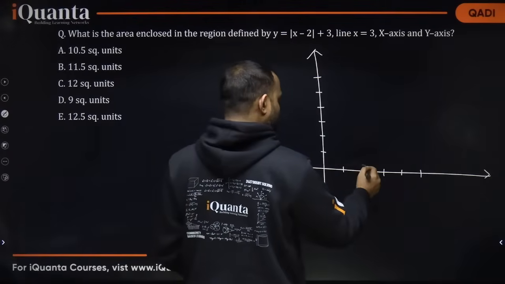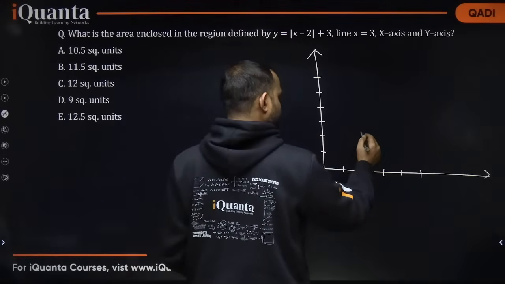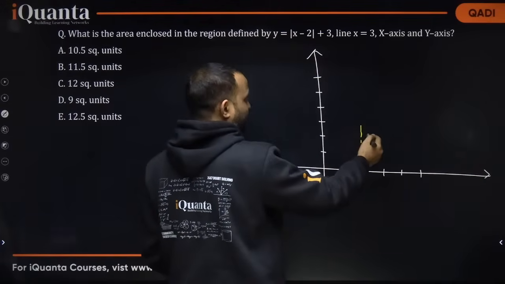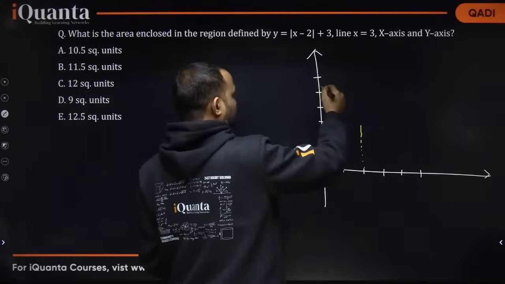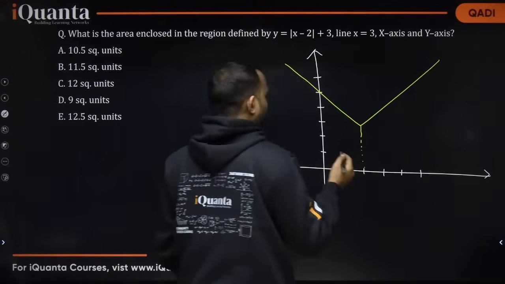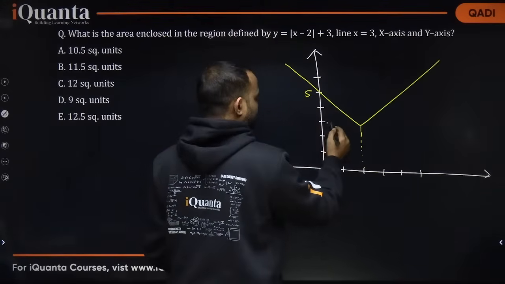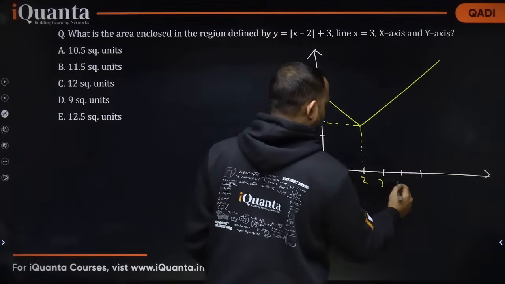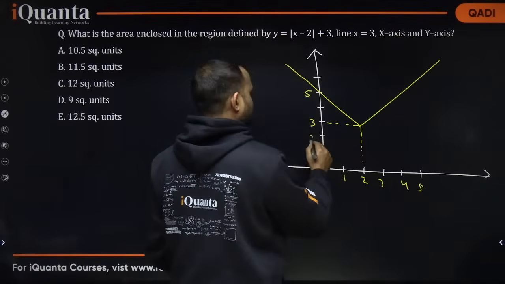So 2 and 3. If you put x equal to 0, y will become 5, right? So this will touch 5 here and it will go here. This is 5. This is 3. This is 2, 1, 3, 4, 5, 1, 2.